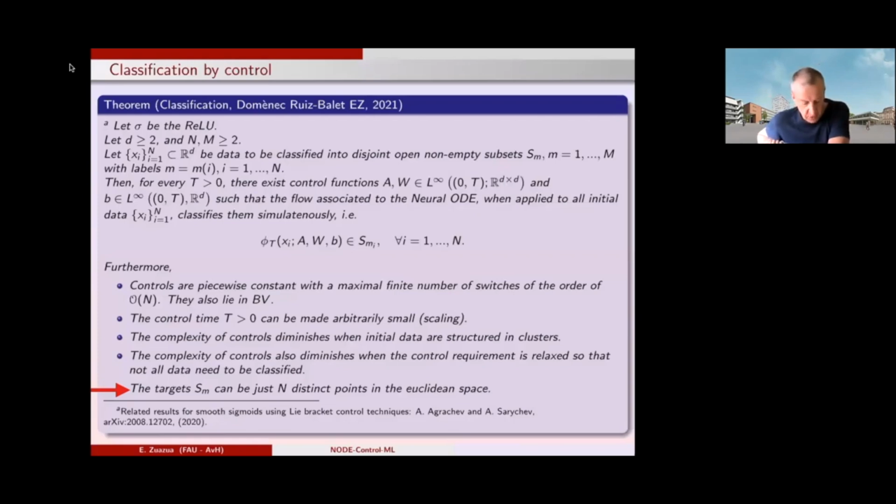And then you see, this is how the theorem looks, right? So the theorem will say, let sigma be the ReLU, the rectified linear unit. Let d be greater than or equal to 2, dimension 2, because in dimension 1, points cannot cross because of the uniqueness of the Cauchy problem for the ordinary differential equation. Let n, the number of points to be classified, be greater than 2. Let the number of clusters, capital M, be greater than 2 as well.